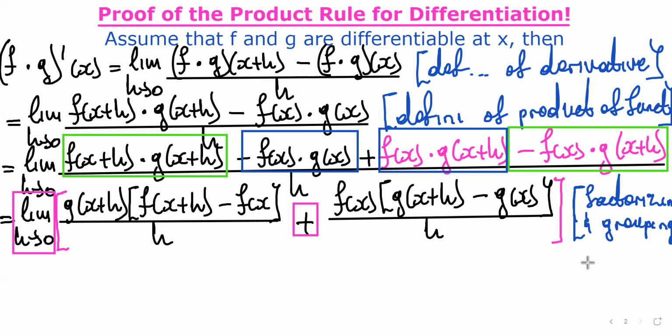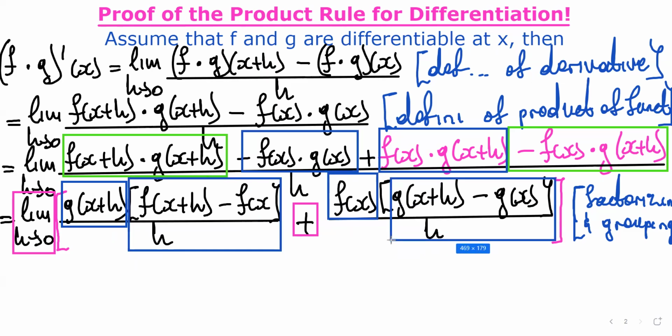But then of course we'll have to state all those reasons that we have to specify. We have to tell them which rules for limits did we use. In addition to the sum rule, we can actually see that g of x plus h is a function in its own right. So it means we have this function further multiplied by this function. And the same is true for this one. F of x is a function, and this entire one is a function as well.